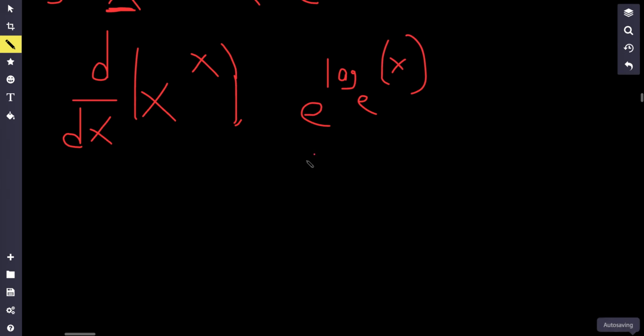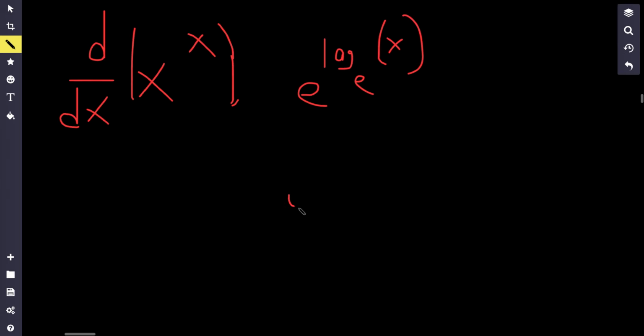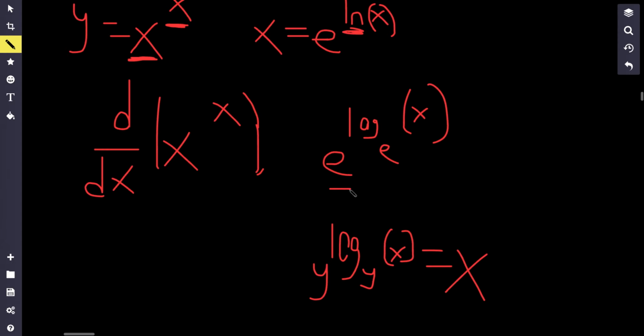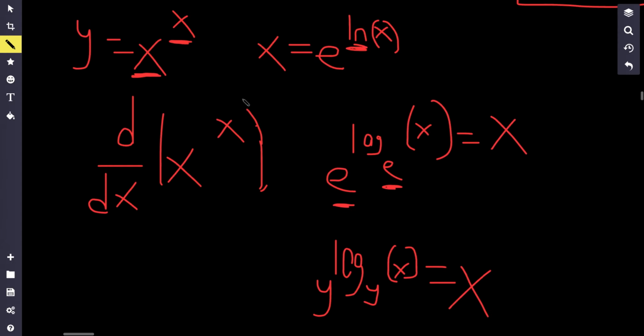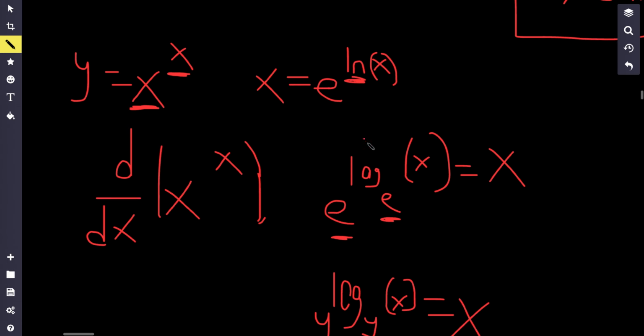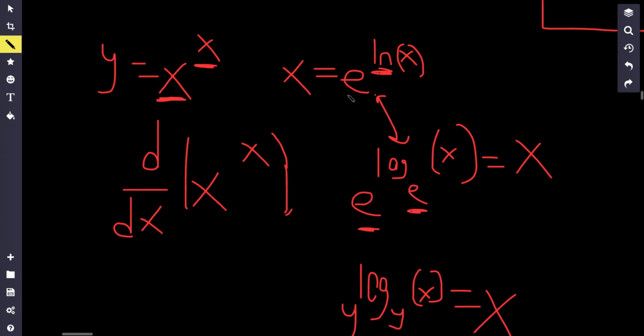Whenever you have y to the log base y of x, this is just going to be equal to x itself. So when we have e to the log base e of x, that's just going to be equal to x. Meaning that x is equal to e to the ln x, because this e and this ln basically cancel out because they're inverses of each other, right? So then you just get x itself.